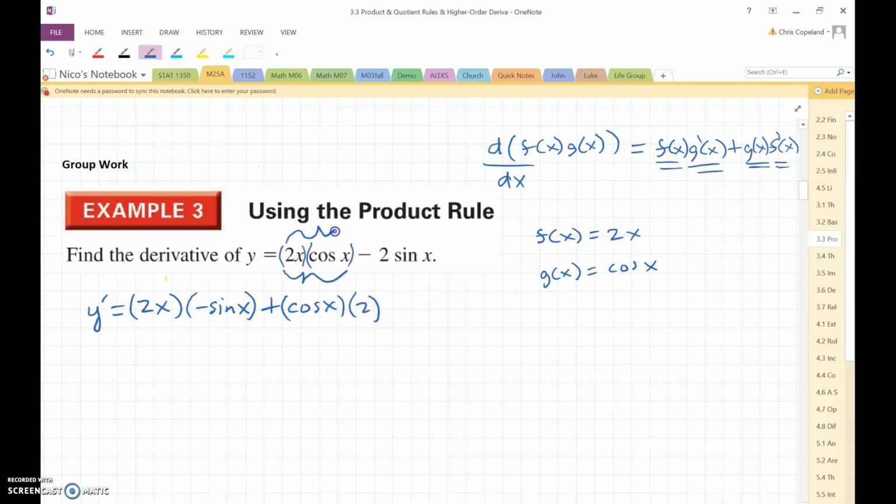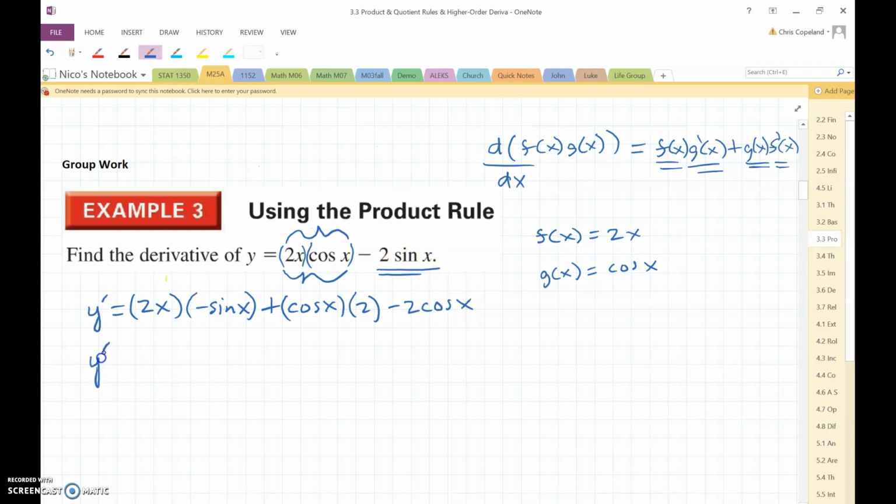So that takes care of this piece, minus 2 sine x. So now I got to take the derivative of negative 2 sine x, which would be negative 2 cosine x, because the derivative of sine x is cosine x.